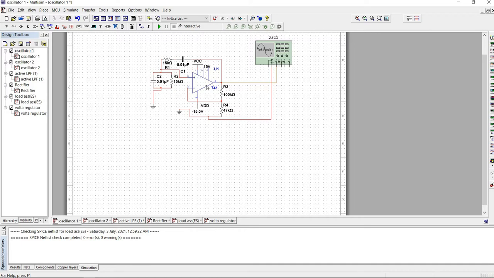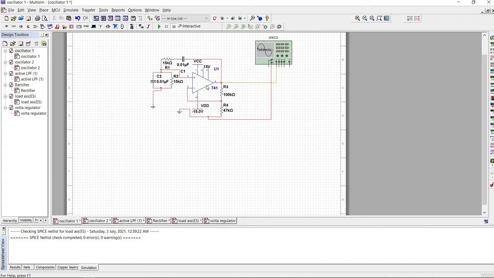So from there you can see a high pass band filter and a low pass band filter, while the R3 and R4 I connect in series circuit. So my VCC will be 15 volts and my VDD will be negative 15 volts.